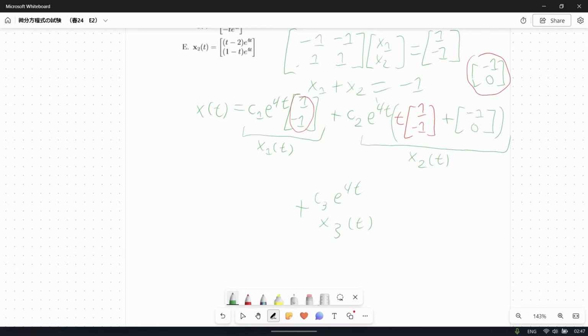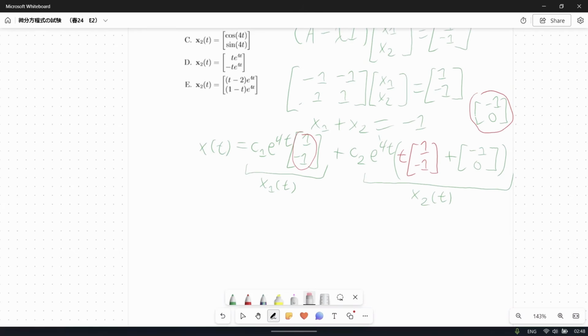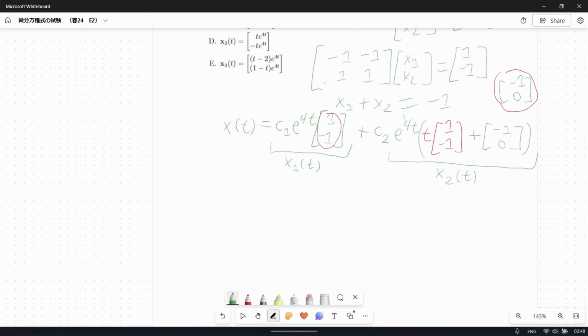And if you had a fourth term, then you'd multiply the first vector by t cubed over 3 factorial, the second one by t squared over 2 factorial, and the third term by t over 1 factorial, and so on and so forth. But thankfully, we don't have to do that. Also, I don't think this class deals with defective eigenvalues beyond 2 differential equations. So we can just simplify this down.